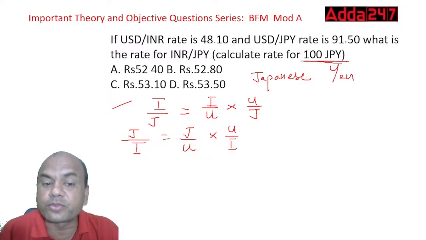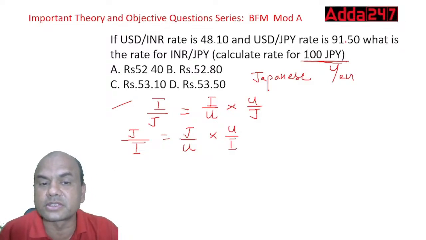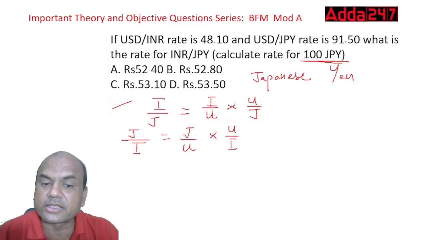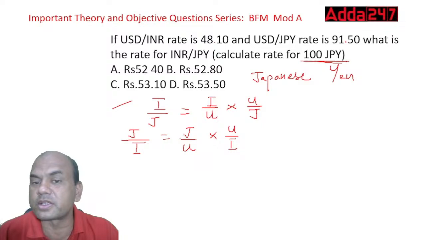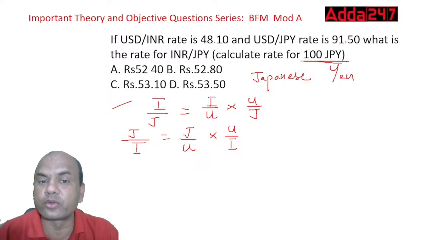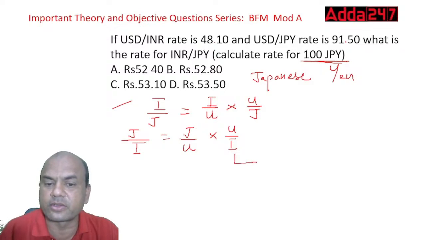So now first find out this. If they ask you in INR to JPY, you can reverse this later, because this rate is difficult to find out. This rate is very simple. So JPY to USD, what is the rate? And USD to INR, you know it. See here, this is 48.10.